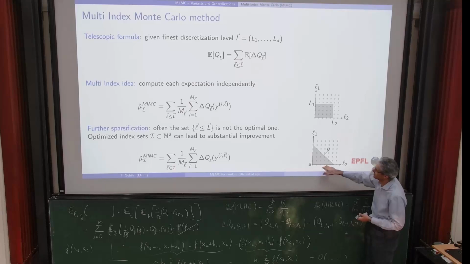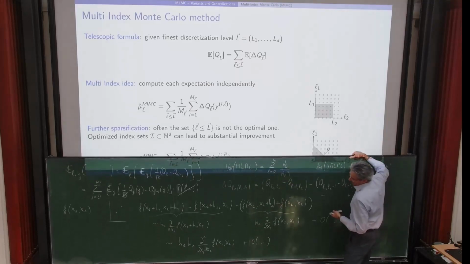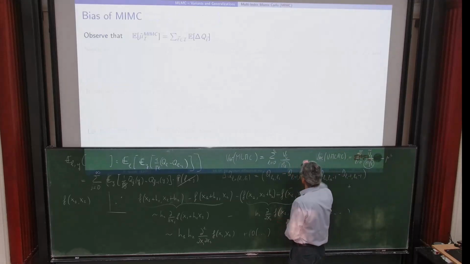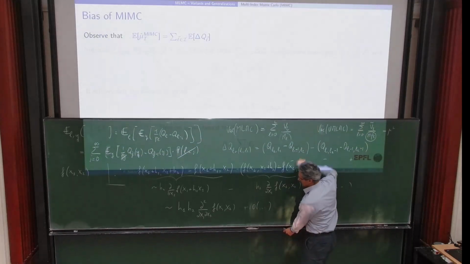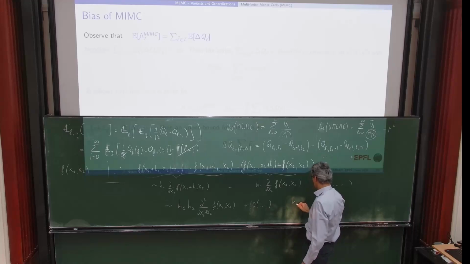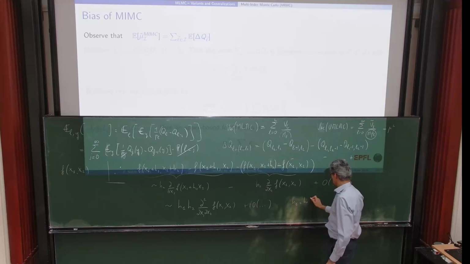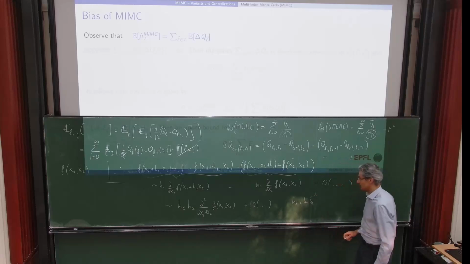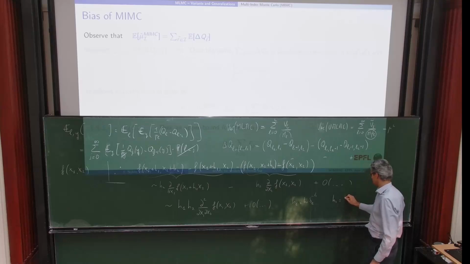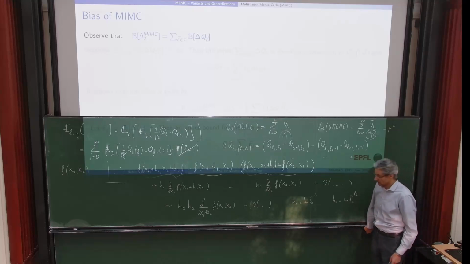Well, this is in case you do geometric refinement. If I do geometric refinement, I can now say that my H1 was some H0 delta 1 to the power L1, and the H2 was also some H0 delta 2 to the power L2.